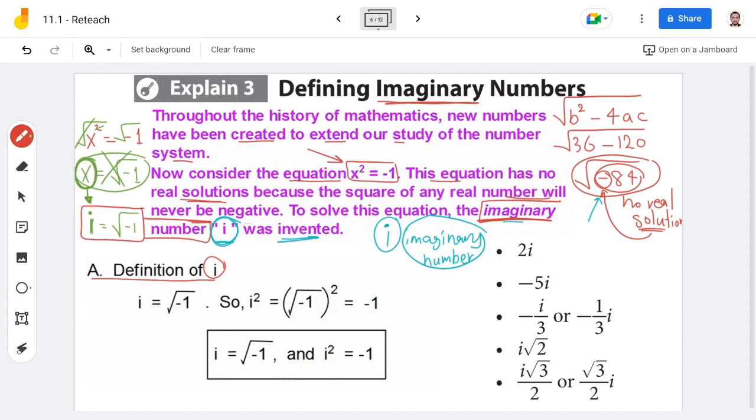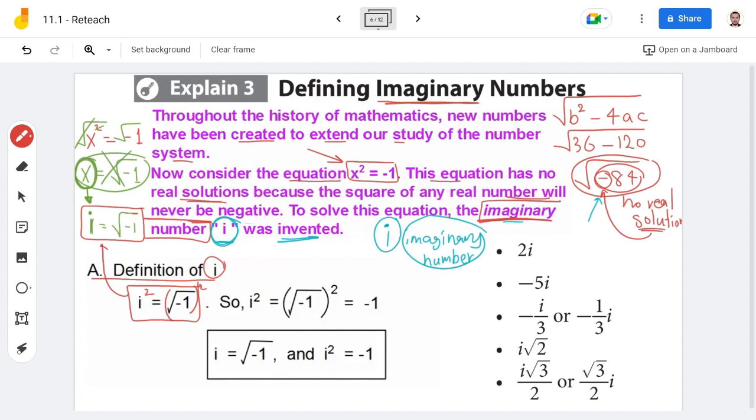Now, with the square root of negative 1, I need to remove the square root. How can I remove the square root? I know now i is equal to the square root of negative 1. So to remove the square root, I have to square both sides.